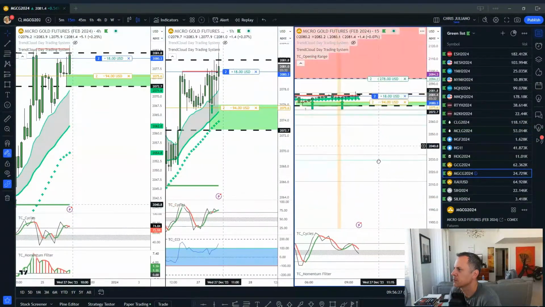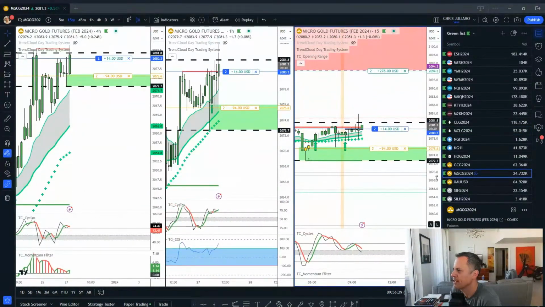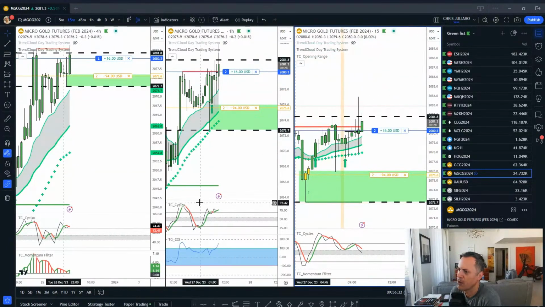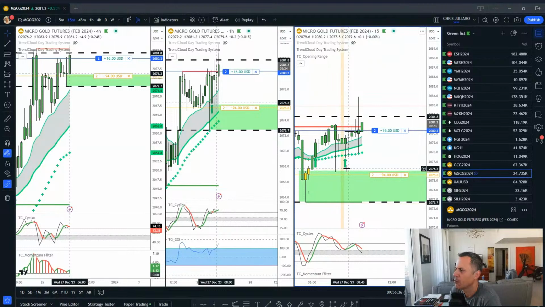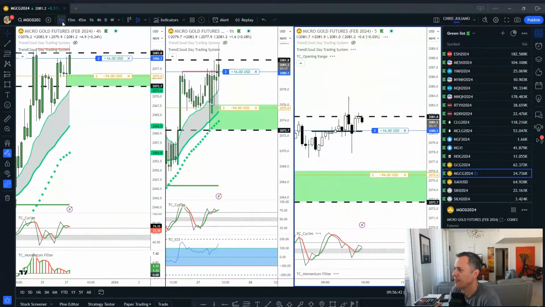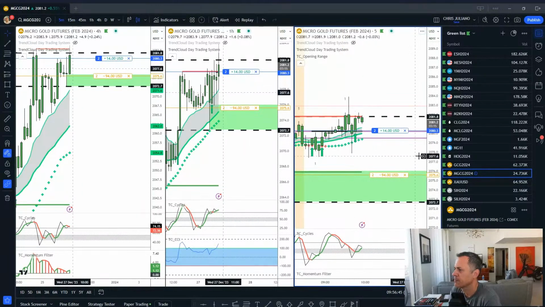Gold, again, TrendCloud signals working out nice on gold, right? Trend and momentum is on our side, and we got into the gold trade right here on that 5-minute chart.